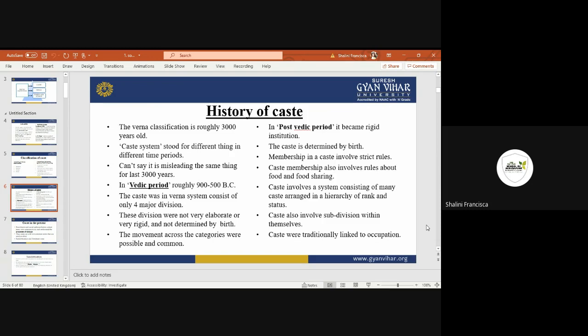Where you were born wasn't a matter of the caste. The movement across the category was possible and common. For example, 3000 years ago, it was the Rishi Muni time, where local people and the Sadhvik people were there.